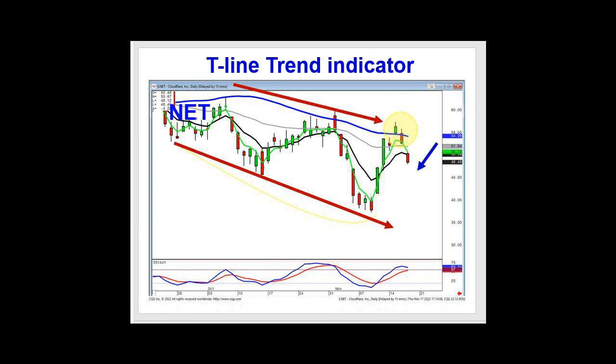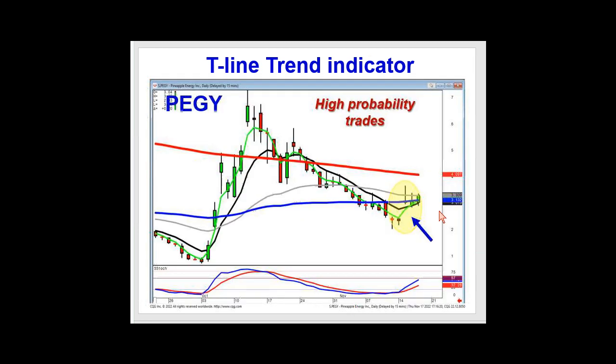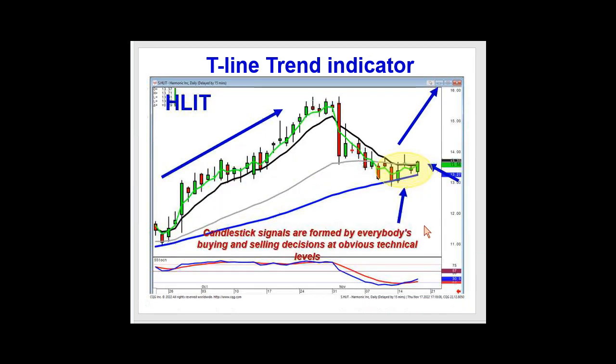So the T-line probability. Anytime you see a candlestick buy signal and a close above the T-line, assume there's been a major change of investor sentiment. So when we see something like this, what do the candlestick signals tell us?